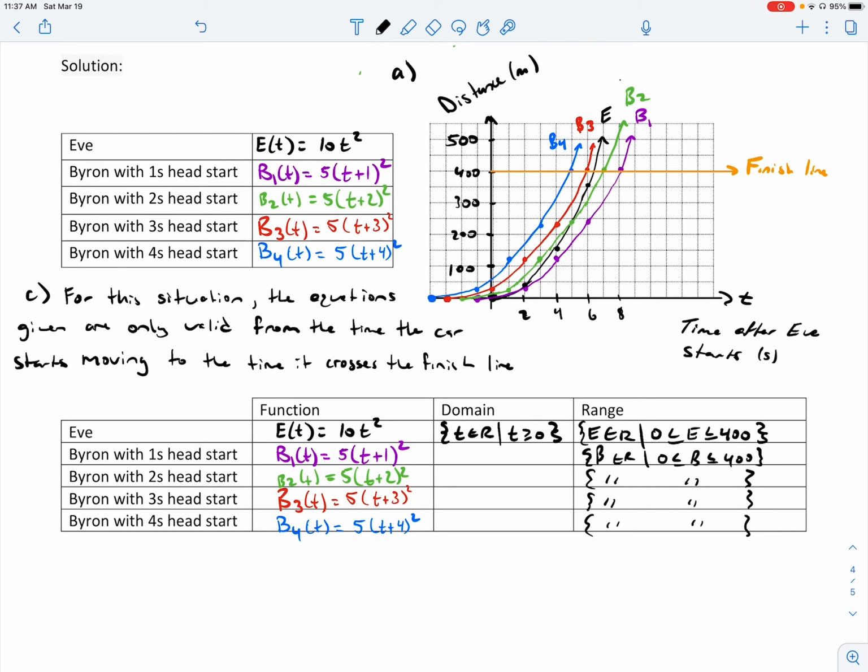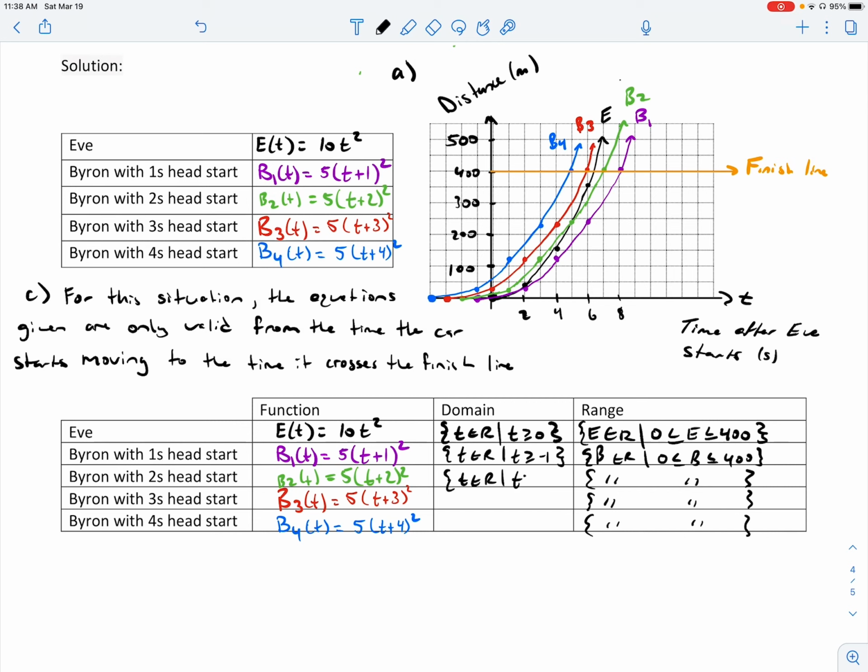The time that each one starts depends on the head start. Some start 1 second before Eve, or 2, or 3, or 4. Because they're head starts, they're going to be negative times. So T greater than or equal to -1. If Eve starts at time 0 and Byron has a head start, he needs to begin at -1 second.